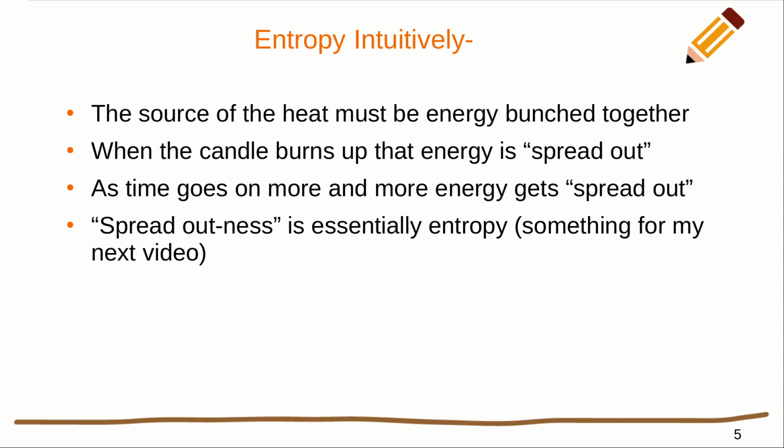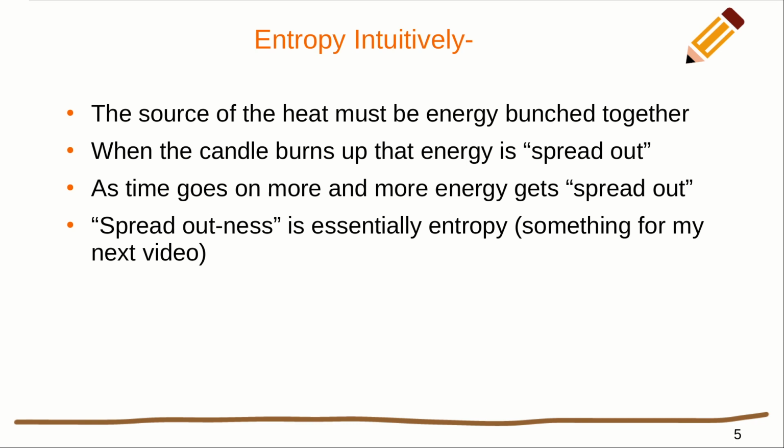And all that energy that was in the candle is now spread out all over the place. And as time goes on, as more and more of the candle is burned up, more and more energy gets spread out over the universe. And eventually, the candle burns up, and you're not going to get any more energy from that candle. And so you can't do any more work because your candle is gone.